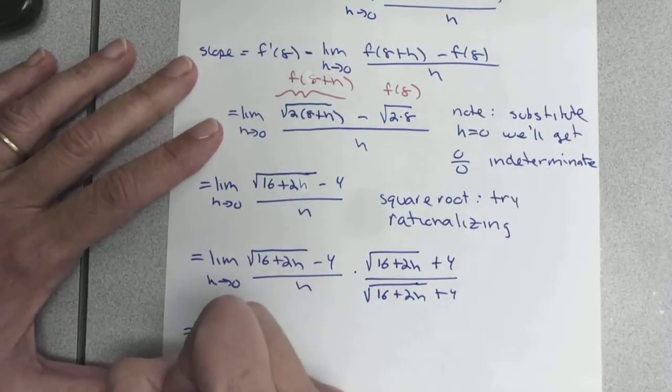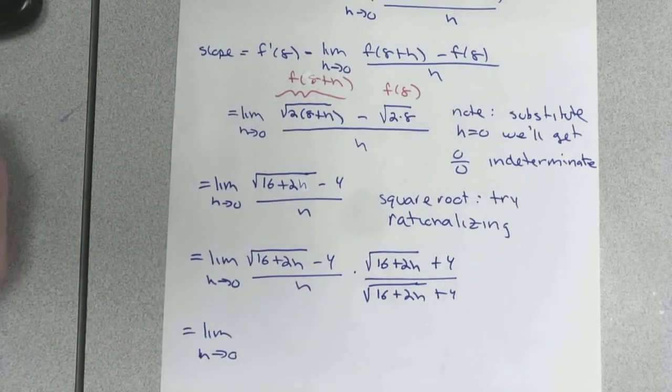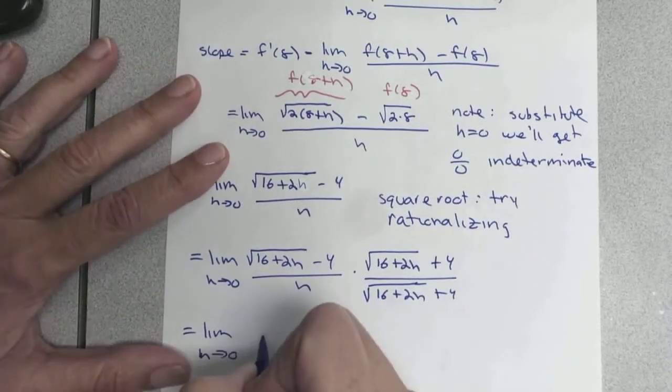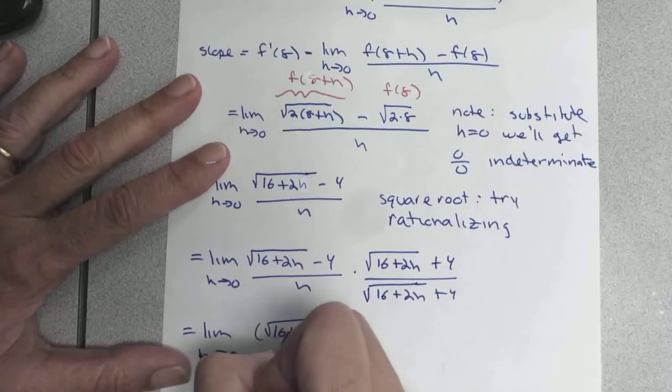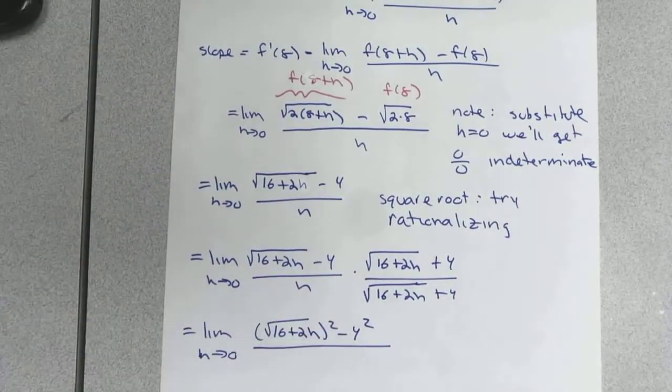Then recall, when I multiply conjugates, I always get first term squared minus second term squared. Always. The quantity a plus b times the quantity a minus b is a squared minus b squared, always.